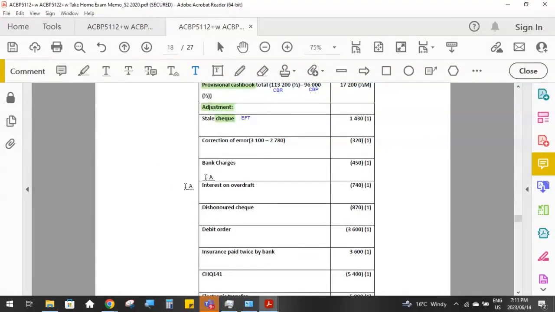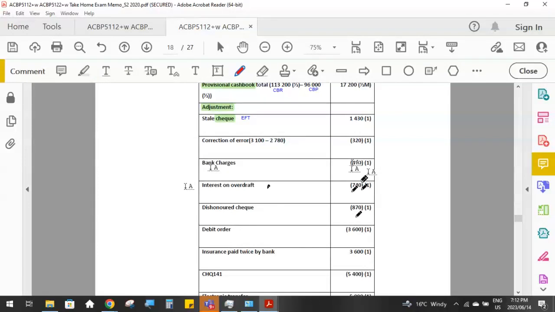Then in the information, they tell us that we have received the bank statement with the bank charges on it. So we must record that in our books, the 450. We also on our bank statement received the advice that they charged us 740 Rand interest. So that must come off our bank account.